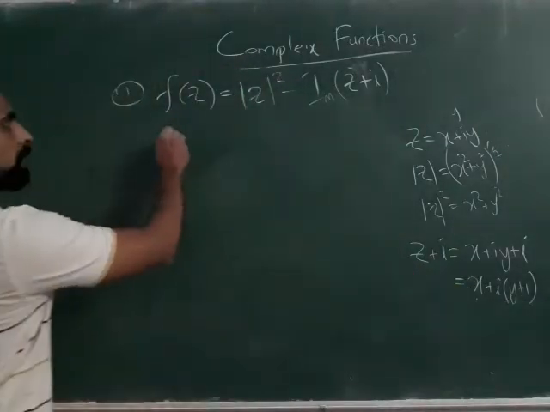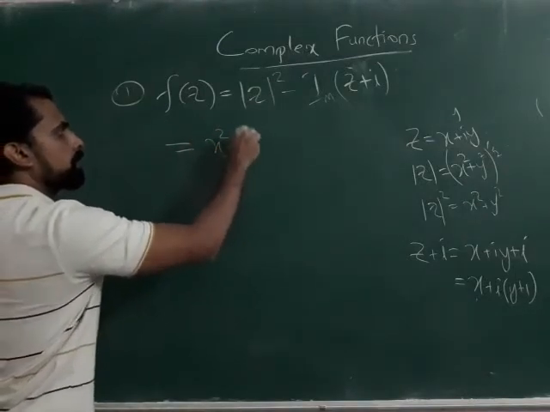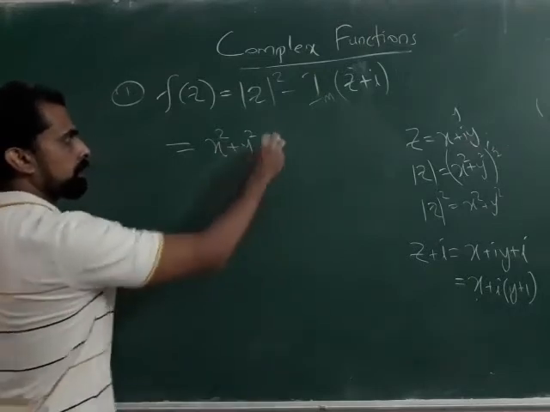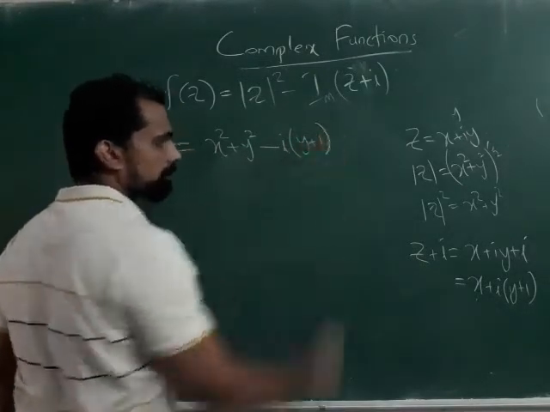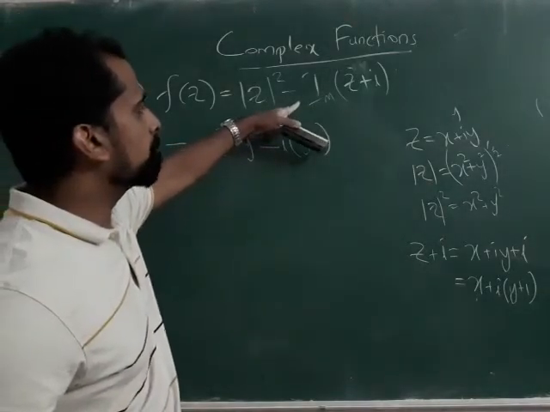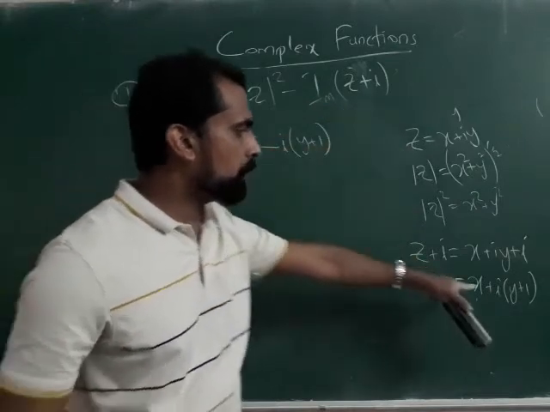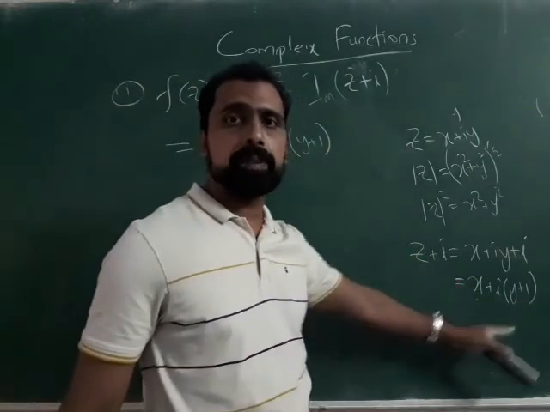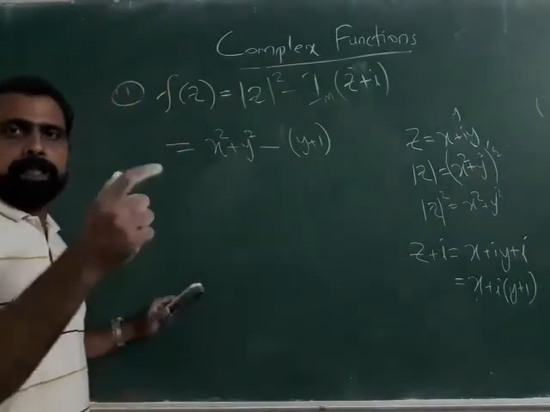So you write this as x square plus y square minus (y plus 1). Actually you need the imaginary part of z plus i, so you have to take only y plus 1, because that is the imaginary part.